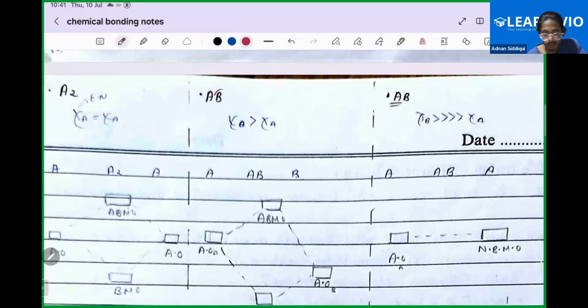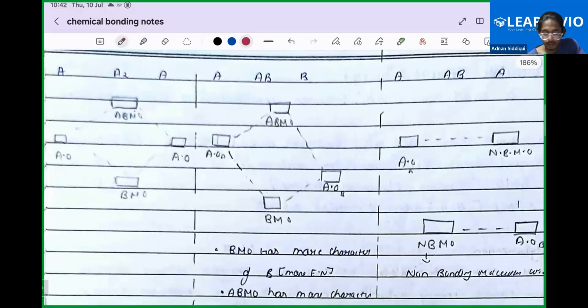But if the elements are different, there is going to be an electronegativity difference. If your B here is a different element, for example, it is CO. So there is going to be an electronegativity difference. This B is your oxygen, so the electronegativity of B is greater than A, we can say, right?